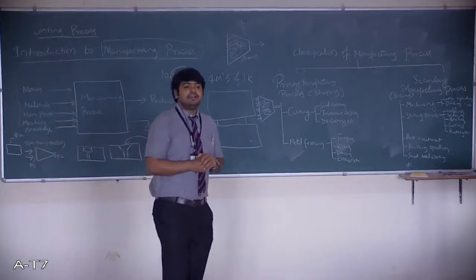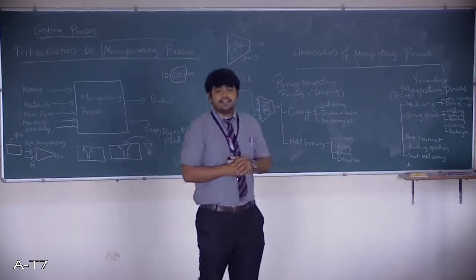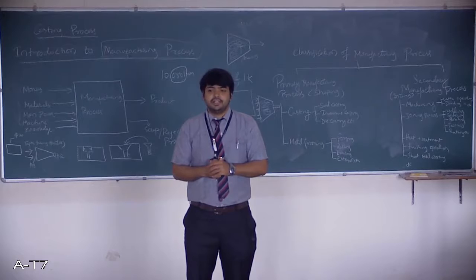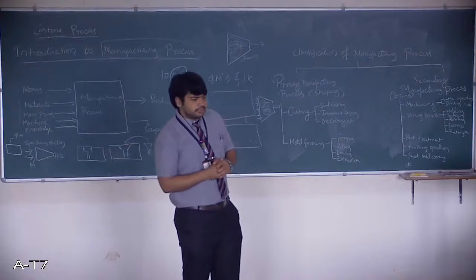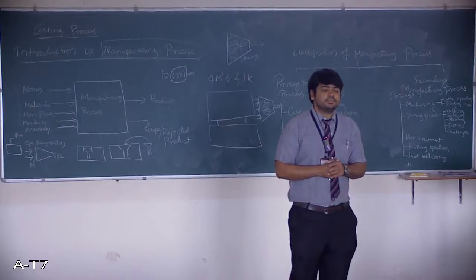Again, we have different types of processes in joining. One is welding, that is what almost all of you have seen, electric arc welding in the lab, as well as you might have seen the gas welding process. Welding is a permanent joint where we are going to join two metal components.